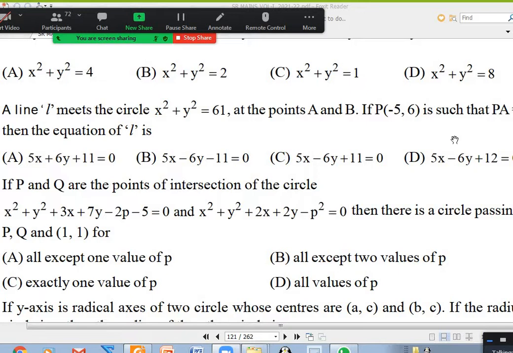Anybody tried this 150 before and tried like this? Anybody tried some other way? Sir, up to where you tried? Mains questions.